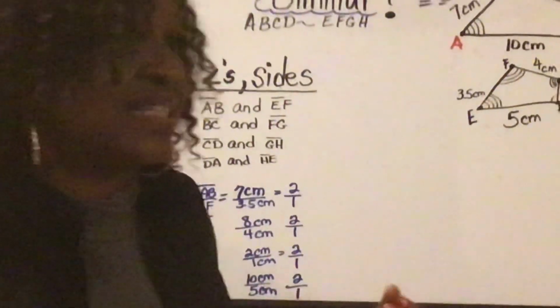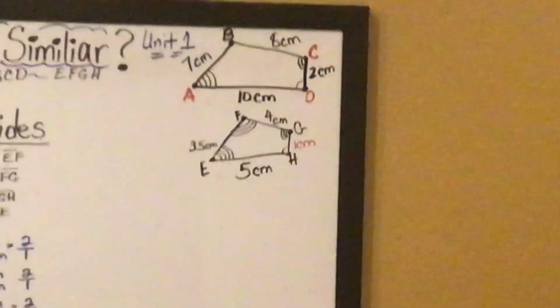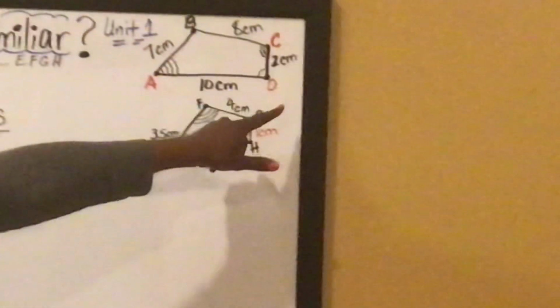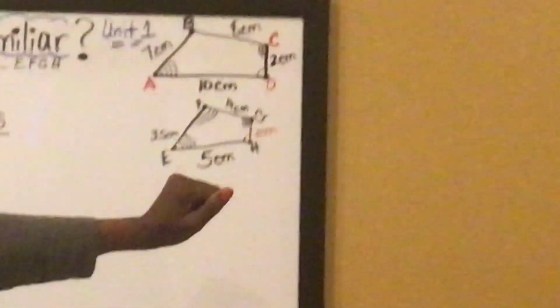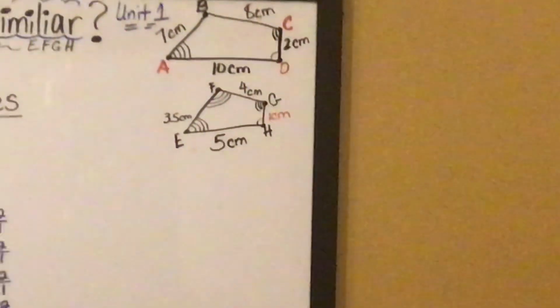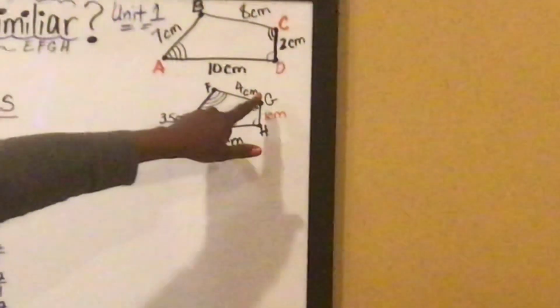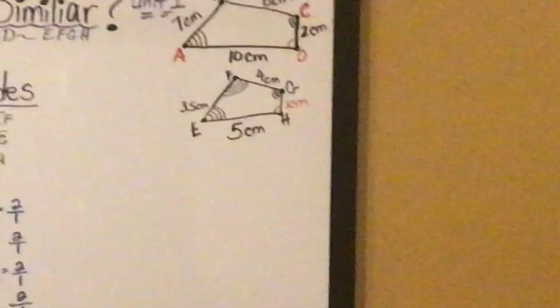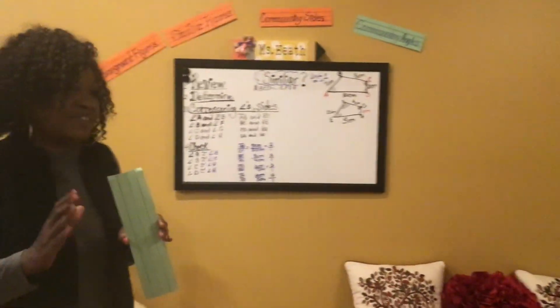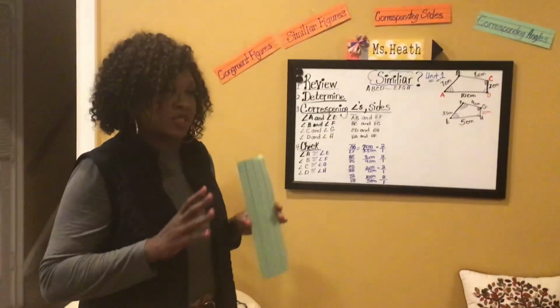Next, let's look at sides C and D. C and D is going to correspond with what? G and H. C and D, G and H. So do you see now, do you have an idea of what I'm doing? Now we have identified the corresponding angles and the corresponding sides.